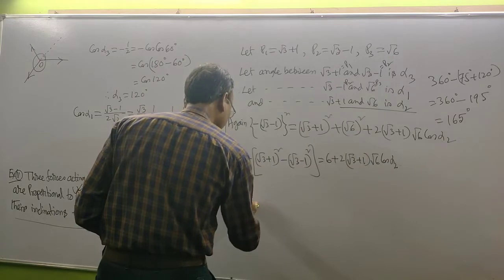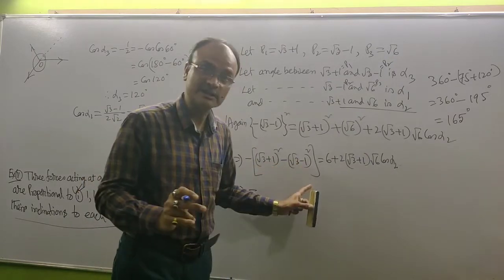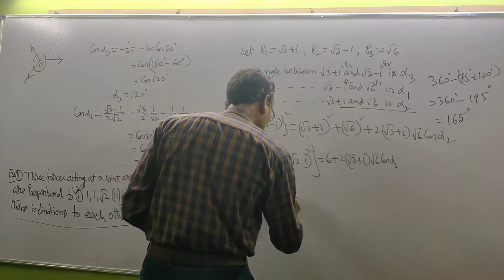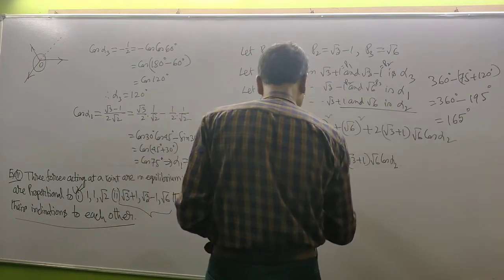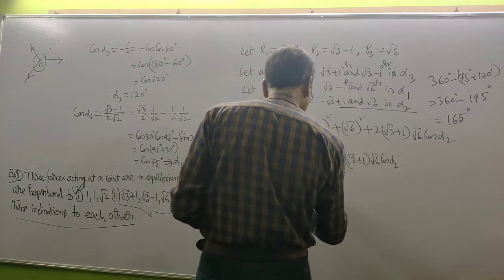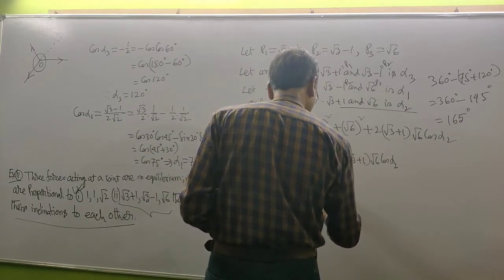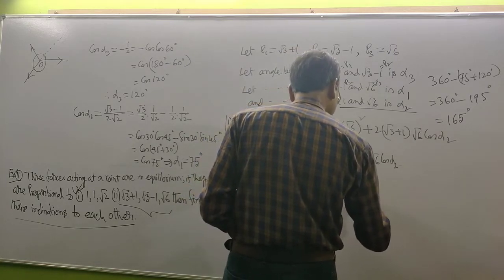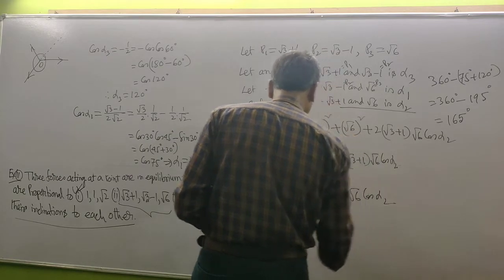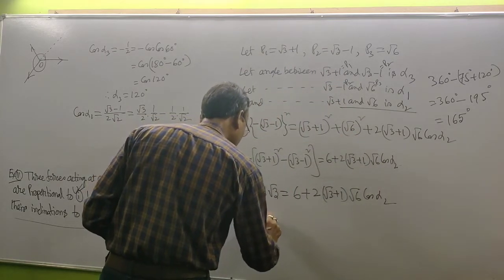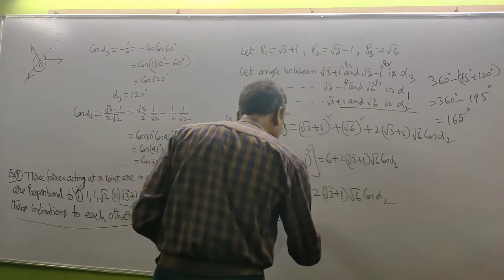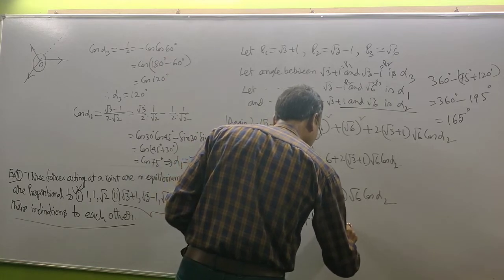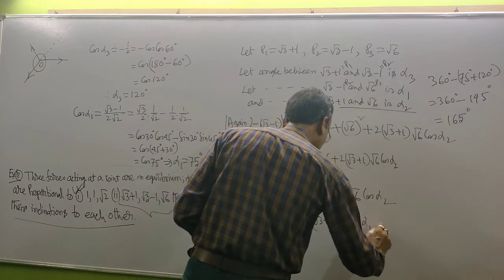This is equal to minus a plus b whole square minus a minus b whole square should be equal to 4ab. 4 root 3 should be equal to 6 plus 2 root 3 plus 1 root 6 cos alpha 2, divided by 2, minus 2 root 3 equal to 3 plus root 3 plus 1 root 6 cos alpha 2.